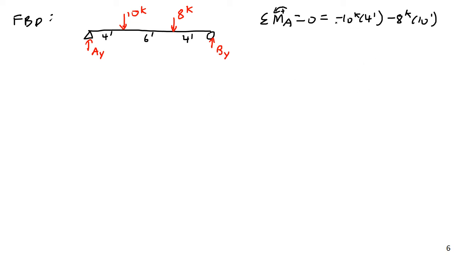And then plus BY, this one will be counterclockwise, therefore positive, times the full distance of 14 feet. If you solve that, I get that BY is equal to 8.571 kips.